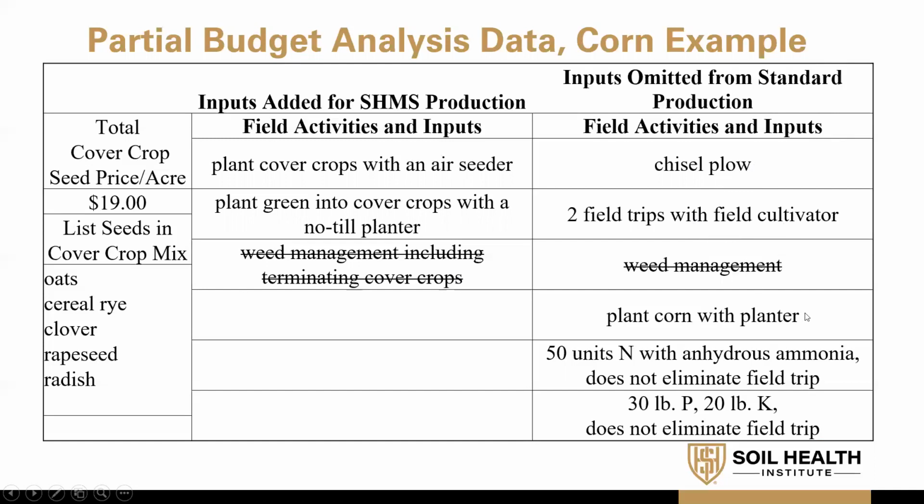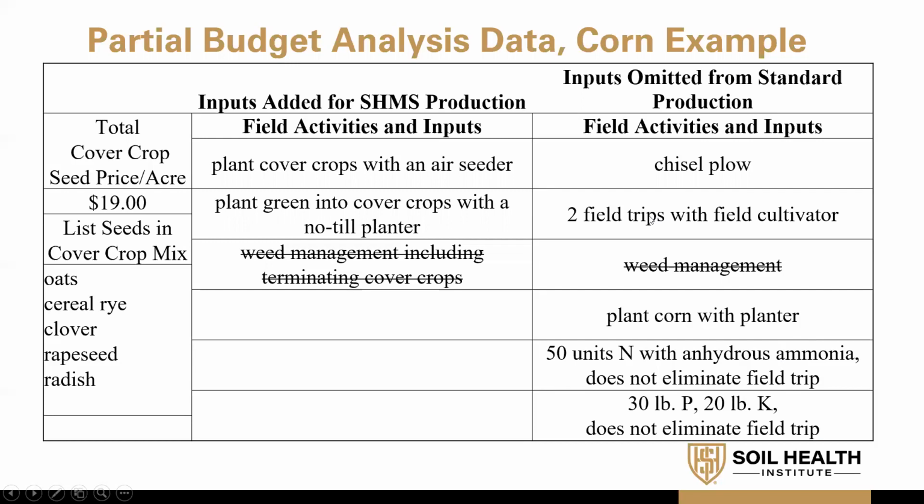The farm was using a typical row crop planter to plant the corn. Also, the farm was able to reduce 50 units of nitrogen with anhydrous ammonia. Also was able to reduce P by 30 pounds per acre and K by 20 pounds per acre.